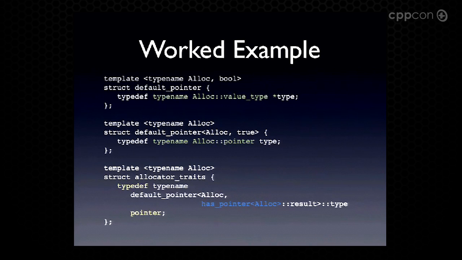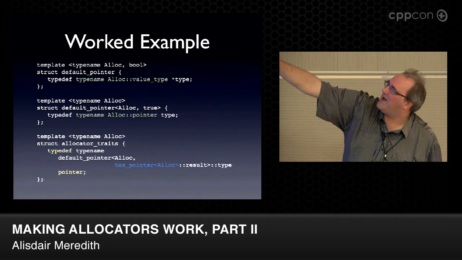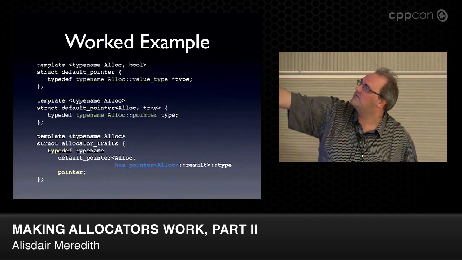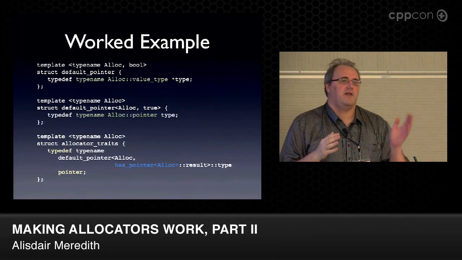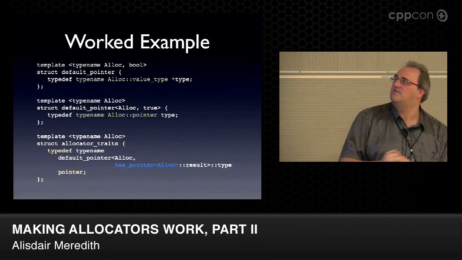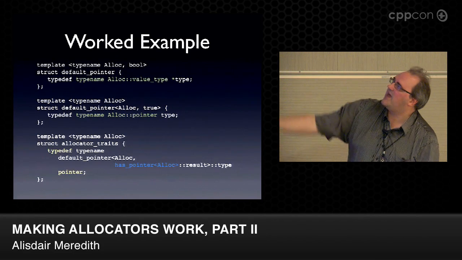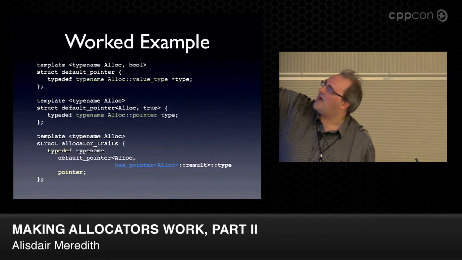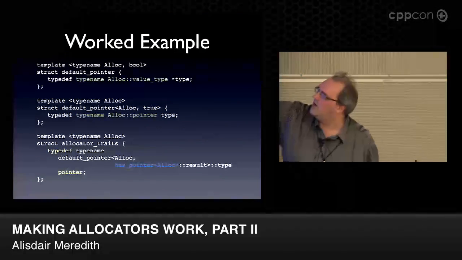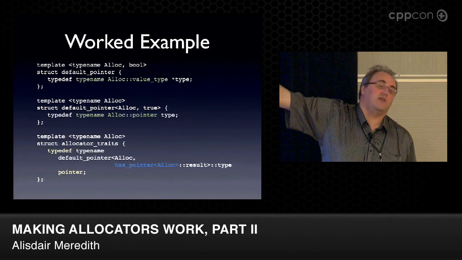So we end up perhaps with something that looks a bit more like this, where I have a different sniffing technique here, where I'm going to pass a second parameter to my trait, which will say what the default pointer should be. So I'm going to use my sniff trait to figure out what I'm passing in the second position. And my sniff trait will then say, if the result type is true, I can be alloc_pointer, because I know that's true.